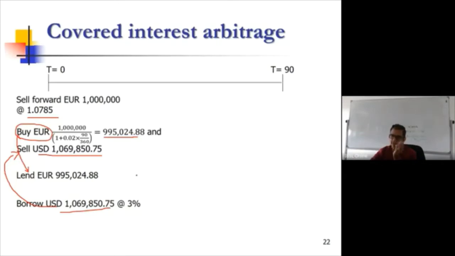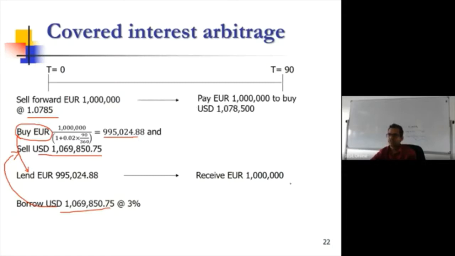So after 90 days, first thing, you will get interest and principal on this lent amount. You receive exactly euro 1 million. There's a contract, an obligation to sell euro 1 million at this rate. So you honor that, use this euro 1 million to honor this transaction. You get about this much of dollars.